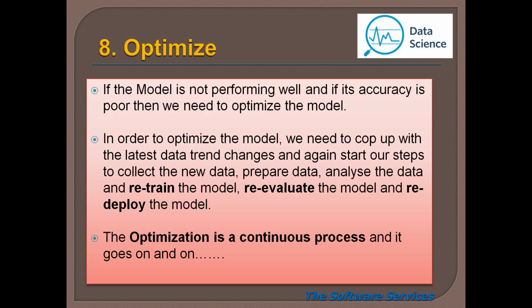After that we have to communicate those results, and after getting approvals, we need to deploy the model on the required platforms. After deploying, in the sixth stage of the data science life cycle, we need to monitor its performance in the production environment.